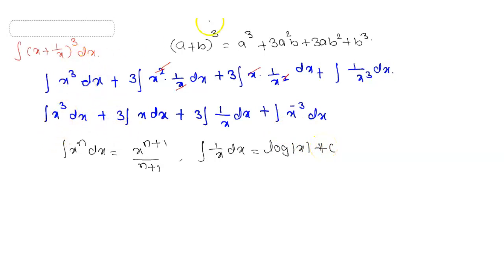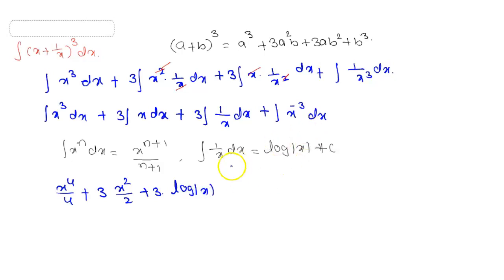Now the first integral can be written as x to the power 4 by 4, plus 3 into, again applying that formula, x to the power 2 by 2. Here 1 is the power, and 1 plus 1 goes to 2. Plus 3 into integration of 1 by x; the formula for 1 by x is log mod x.